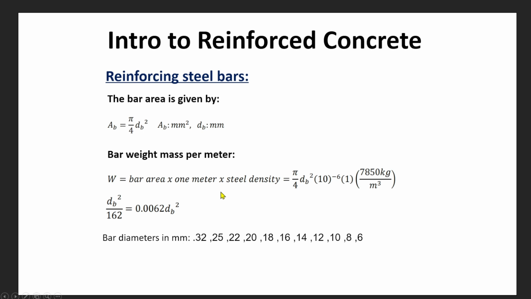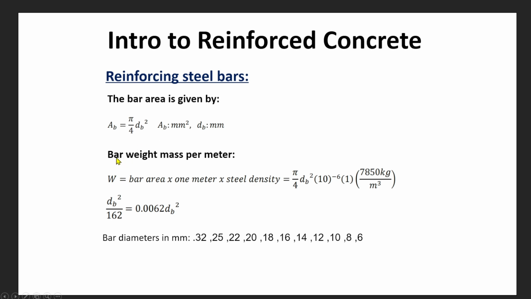Reinforcing steel bars. The bar area is given by Ab equals pi over 4 times db squared, where db is the bar diameter in millimeters, and Ab is the circular sectional area of this bar in millimeters squared.